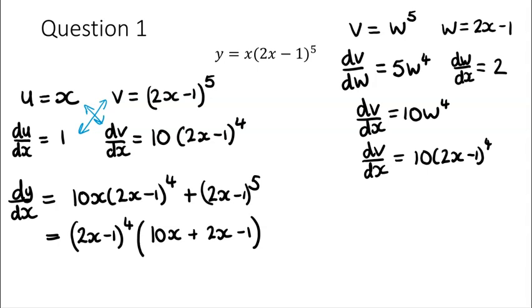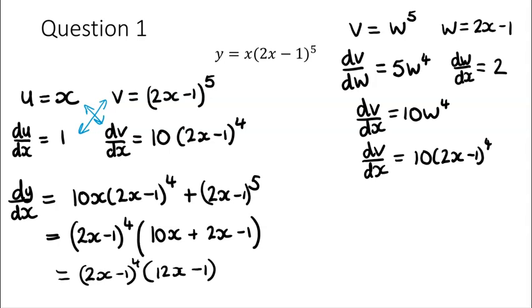So to get 2x minus 1 to the power of 5, I just have to multiply by another 2x minus 1. You can then simplify in that bracket, and that's an alternative way that we could leave it.